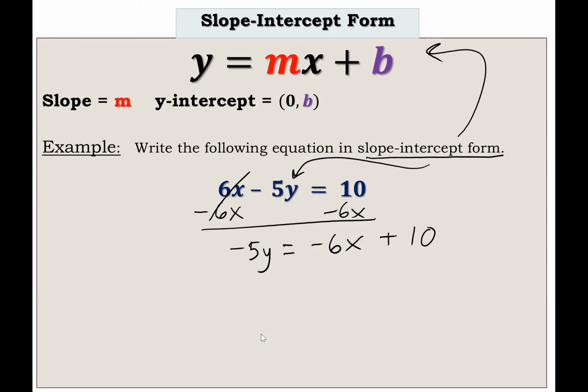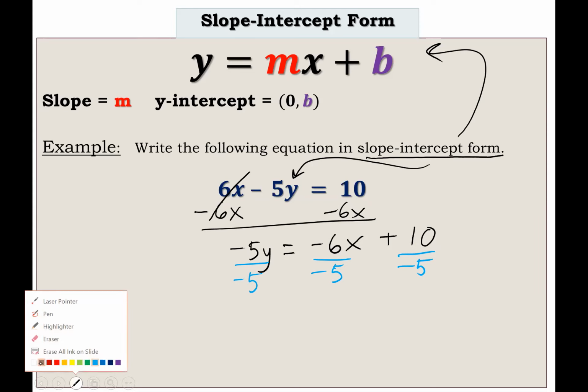And that's probably the next thing we'll be asked for. Okay, so I subtracted 6x on both sides. 10 minus 6x, I rewrote it as negative 6x plus 10. We still have negative 5y. So our next step will be to divide everything by negative 5. And that's all 3 terms, and we'll simplify if possible.